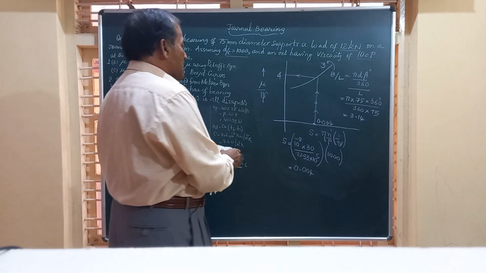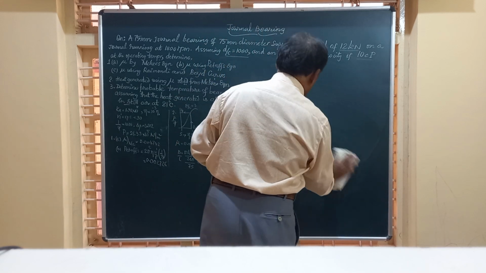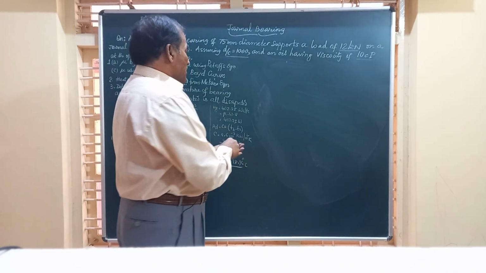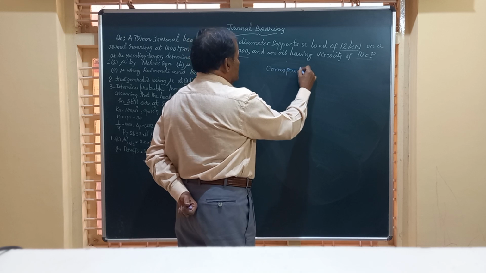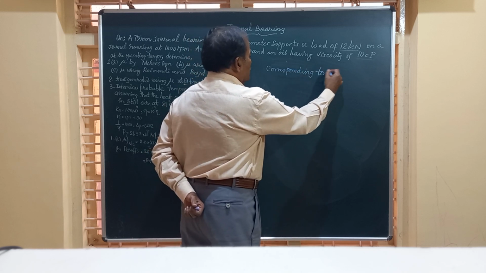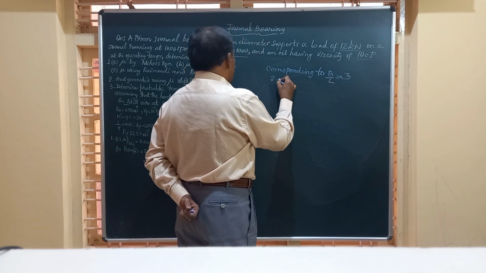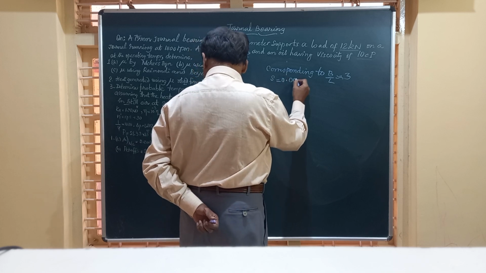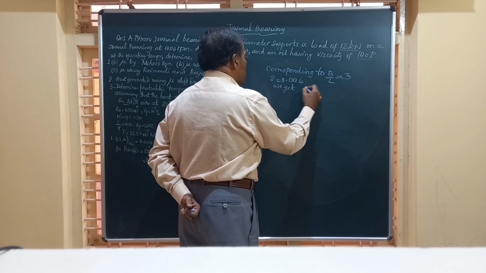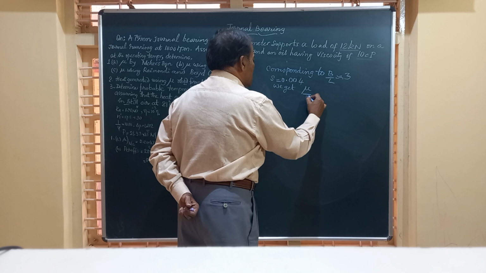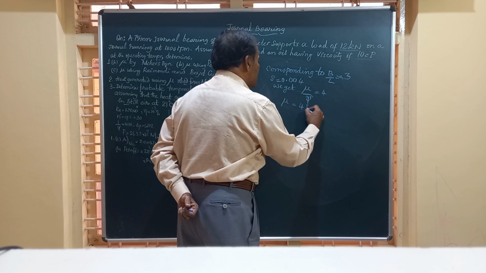So you can write down, corresponding to B by L equal to 3 approximately, S equal to 0.004, we get mu by psi equal to 4, or mu is equal to 4 times psi.